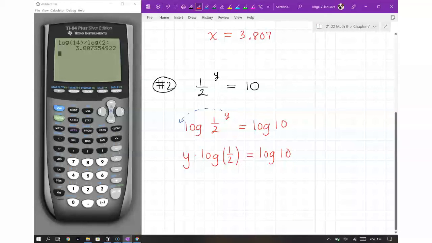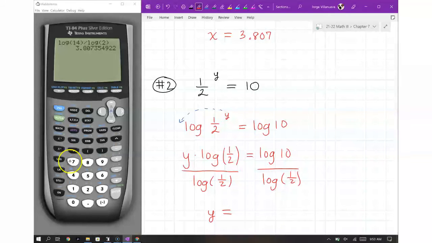So what do I have to do to both sides to get y by itself? Just divide, right? Log of half. We're going to divide on both sides. So y is equal to, now you just go to your calculator, log of 10 divided by log of half. So it's negative 3.322.